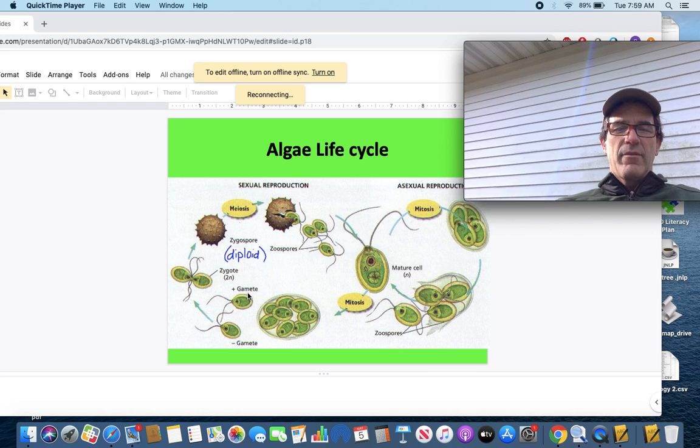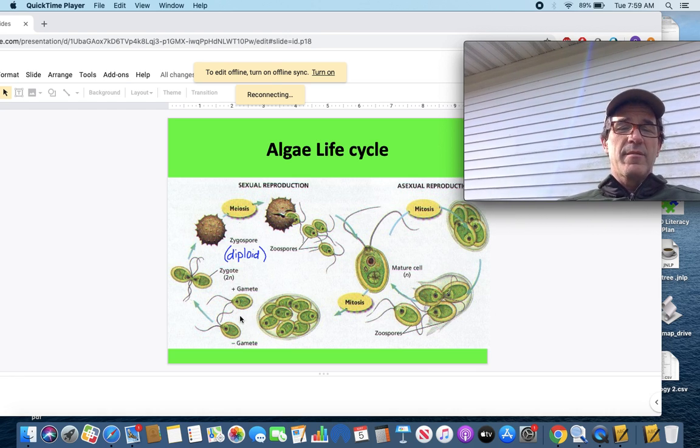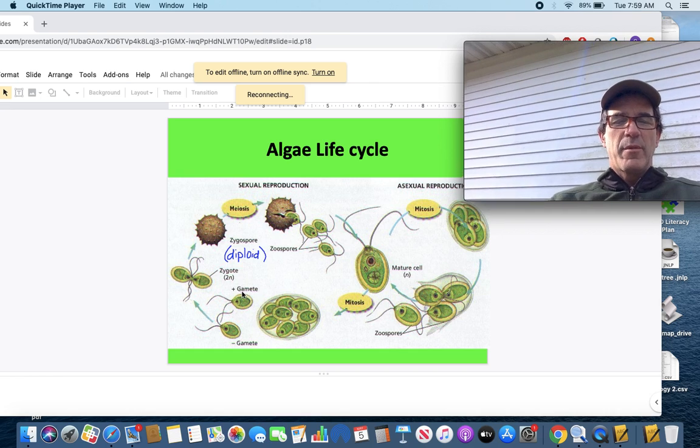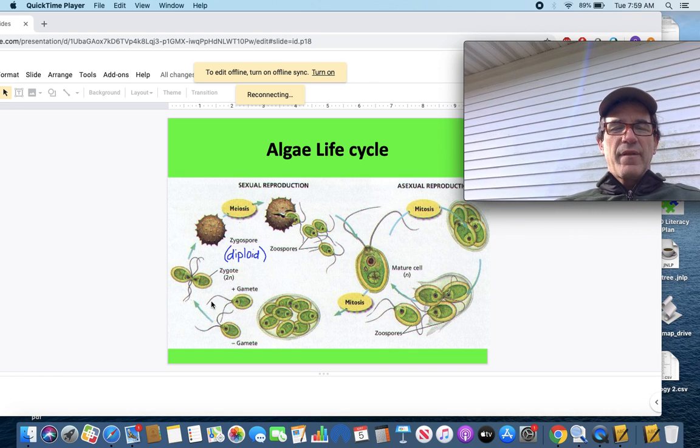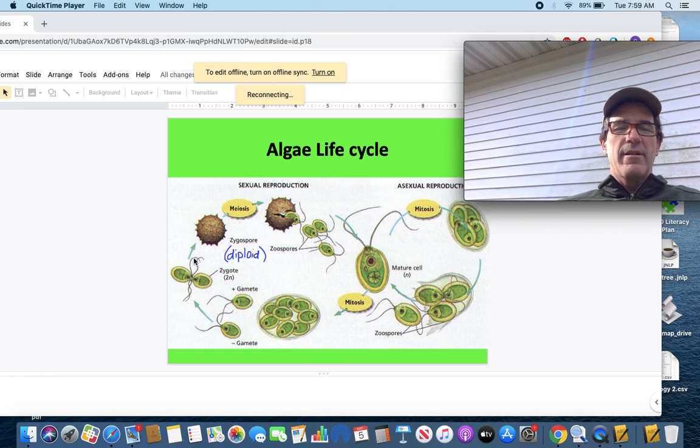Since they're no different, we can't really call them male and female, but in other organisms, we would say one is a male, one's a female. They will get together and fertilize one another and combine to form this zygote. This zygote is the beginning of the sporophyte generation. Here's our only diploid phase of the algae life cycle, this one cell called the zygospore.